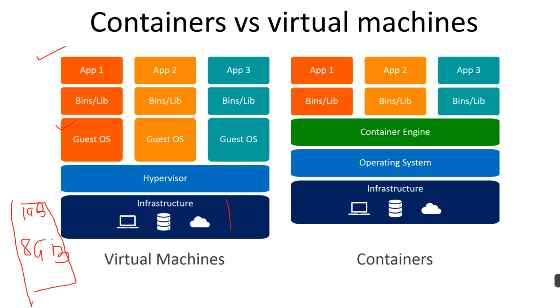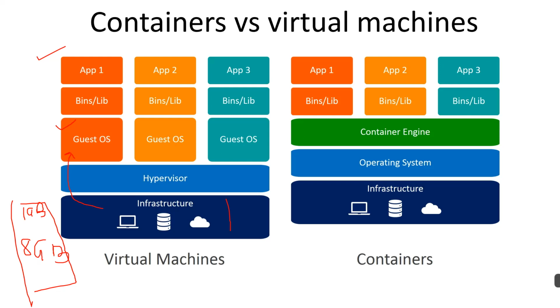In the infrastructure section there is RAM and storage, and these resources will be taken from that. The Linux OS is already reserved 1 GB of RAM and 8 GB of ROM from the infrastructure. The OS also takes memory.